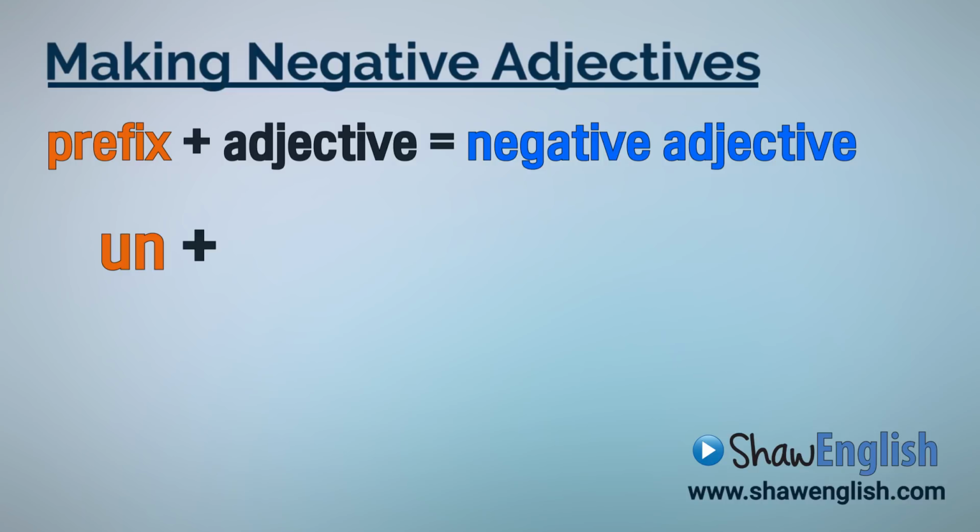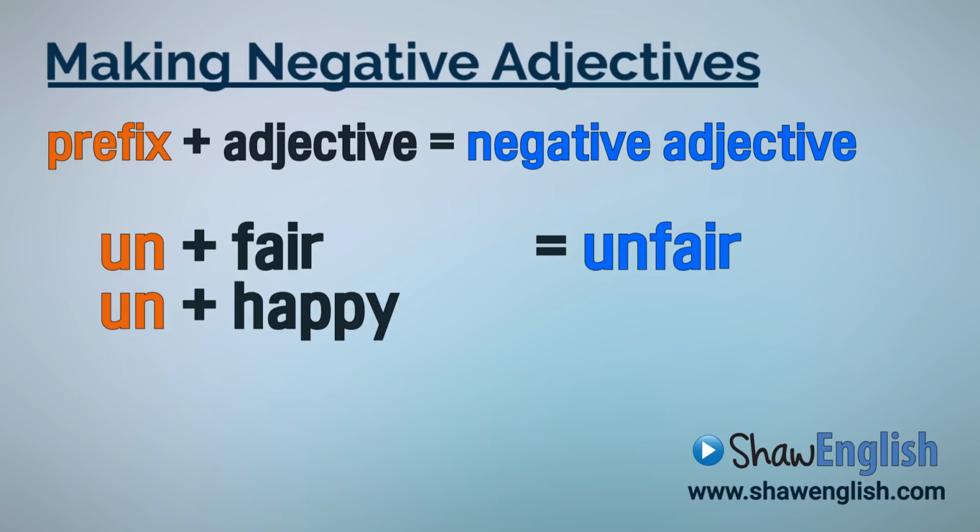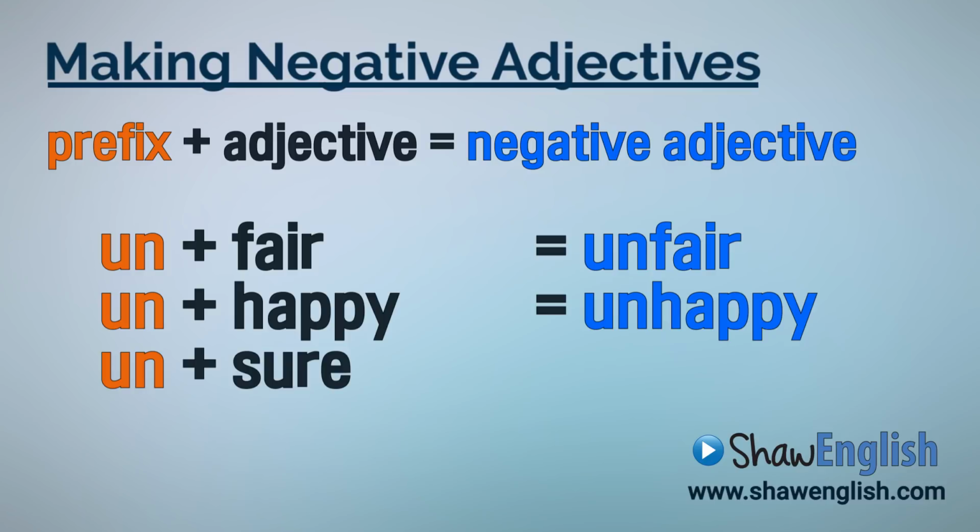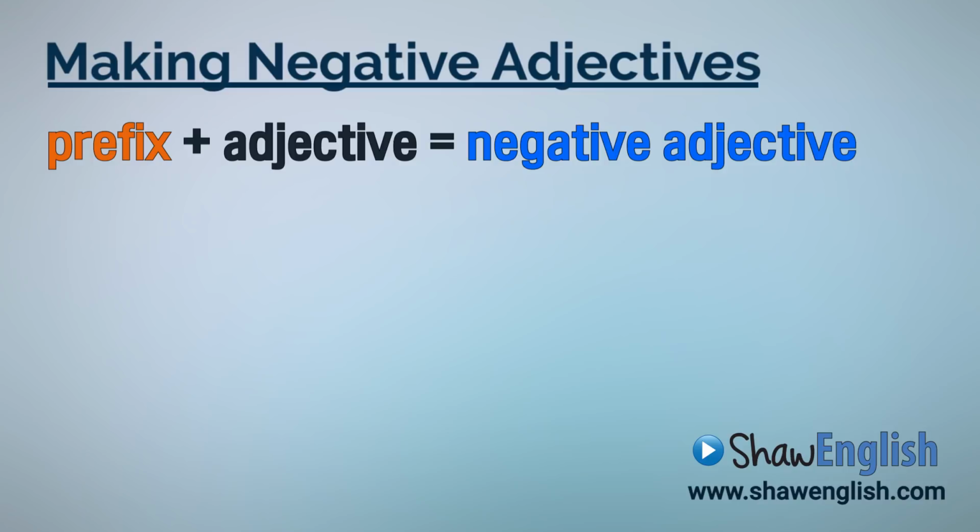For example, if we take the word fair and we want to make it negative, we can add un to have the word unfair, which is the opposite of fair. Same goes for happy, unhappy. Sure becomes unsure.